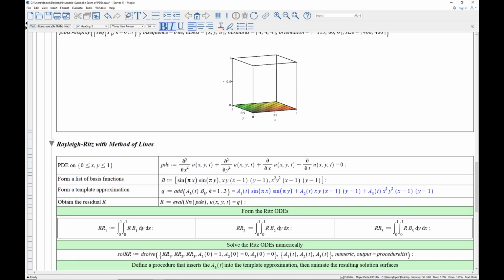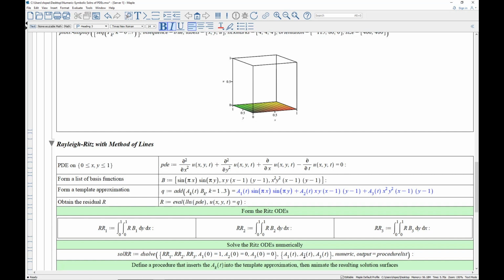This gives you an initial value problem. Here are the 3 differential equations, 1, 2, 3. And the initial conditions are chosen so that A1 at 0 is 1, and this piece is the initial temperature distribution. A2 and A3 at 0 are 0, so they drop out, and you get the initial temperature distribution correctly.